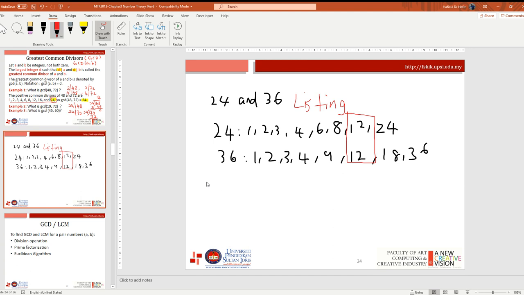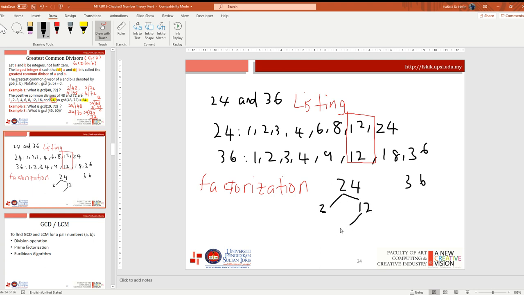And then we have factorization. We have 24 and 36. 24 is 2 times 12, 12 is 2 times 6, 6 is 2 times 3. And for 36, 2 times 18, 18 is 2 times 9, 9 is 3 multiplied by 3.